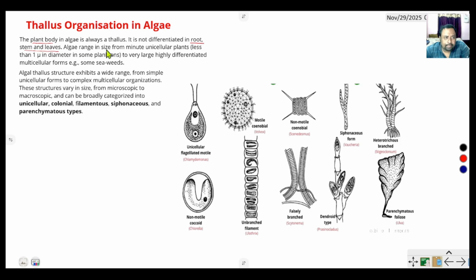The size of the algae ranges from minute unicellular plants less than 1 micrometer in diameter, like phytoplankton, to very large, highly differentiated multicellular forms like Macrocystis, which is 100 meters long, also called kelp.